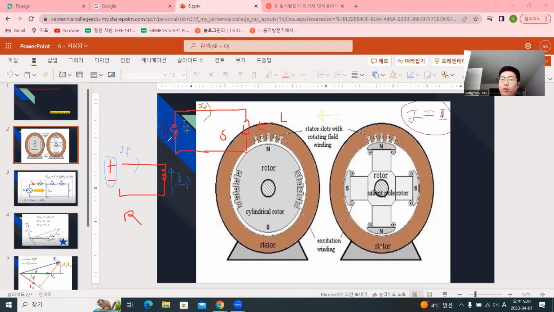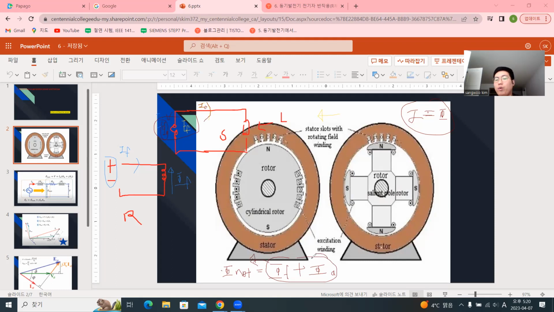So phi_net is equal to phi_F, which we make from here, plus phi_A. Phi_net means the sum of these.